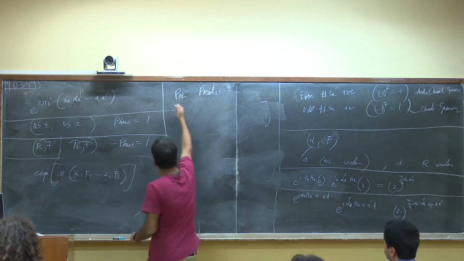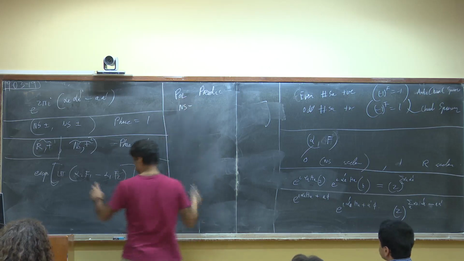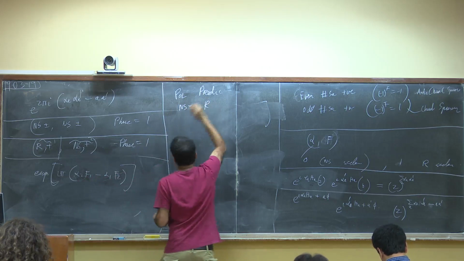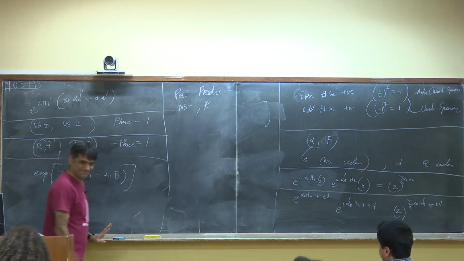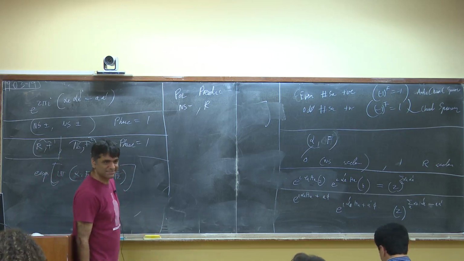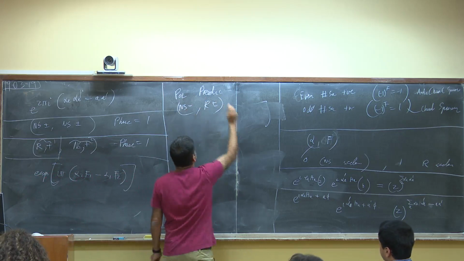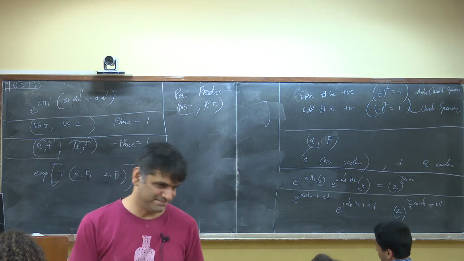Okay. So Polchinski's prediction is that if we start in the NS minus sector, that was the F1 equals 1, and then we take the R plus or minus, we should get -1.